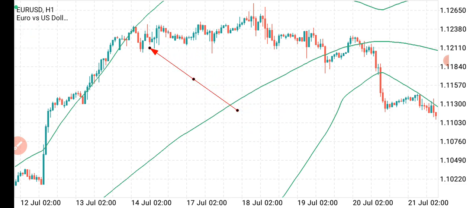Number one, if you are a price action trader, mark out your support and resistance. You mark out your support and resistance zone, your point of failure and point of reaction.